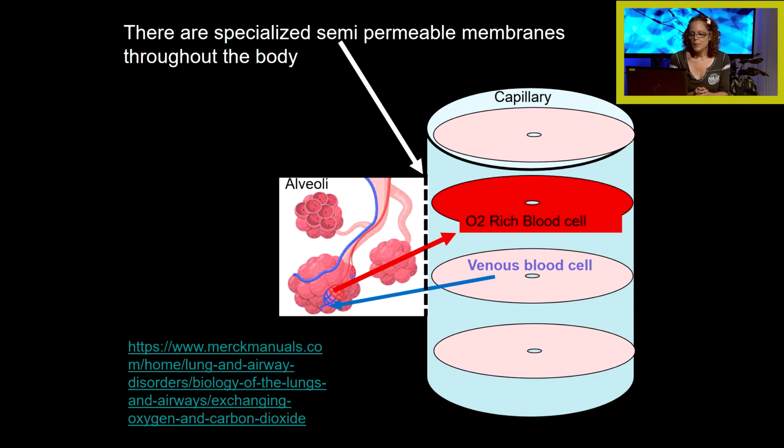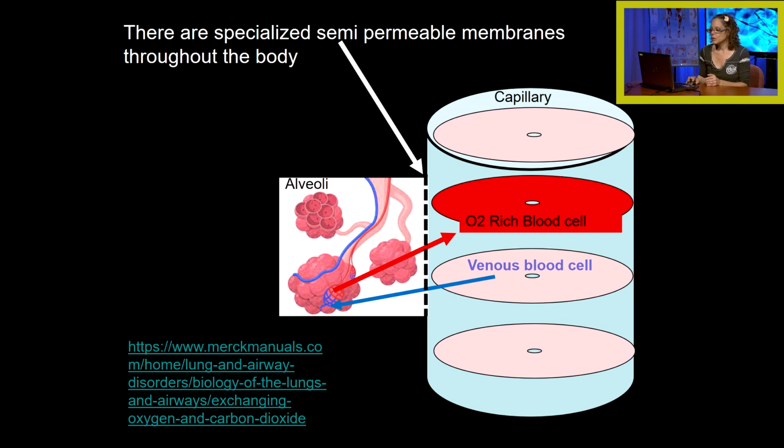And so, again, here's a different example. Here we have an example of a capillary, and we have oxygen-rich blood being exchanged at the capillary level with venous blood. And this happens at the level of the capillaries. And so what we have here in this specialized semi-permeable membrane is a way that oxygen-rich blood and venous blood can be exchanged.